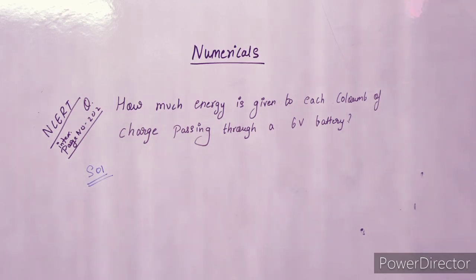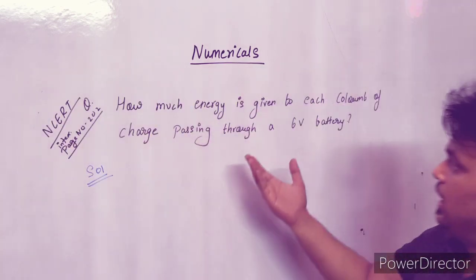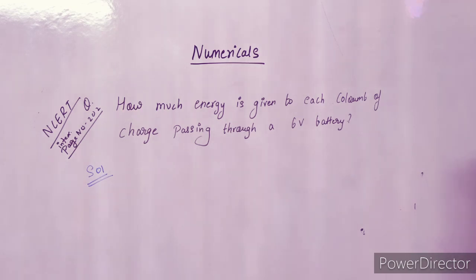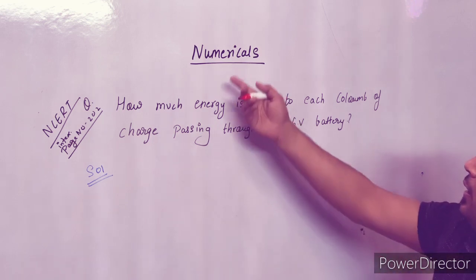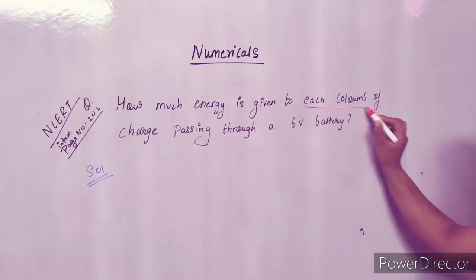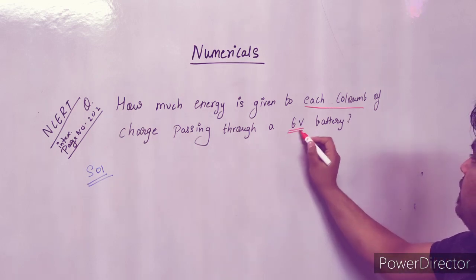The next question is from NCERT in-text, page number 202. The question is, how much energy is given to each coulomb of charge passing through a 6-volt battery? So we have each coulomb, and here we have 6 volt.